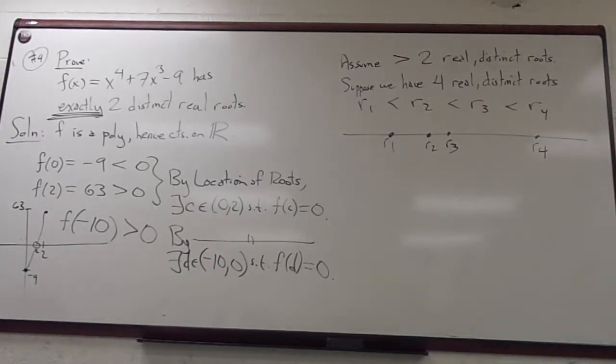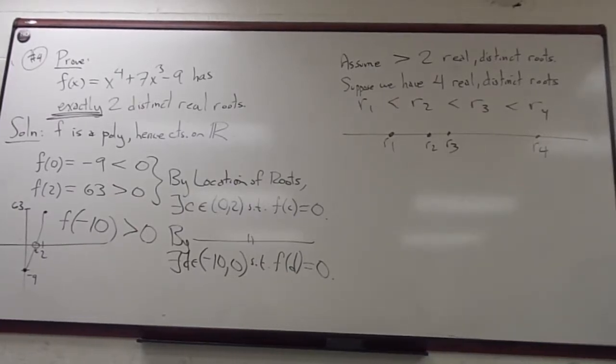Okay? So you have 4 distinct real roots like that. So then what you're doing is you're looking for a contradiction.